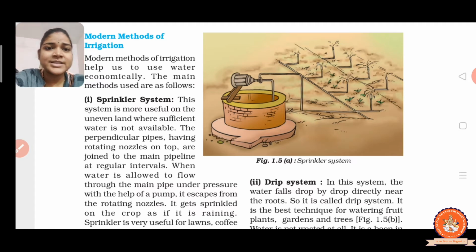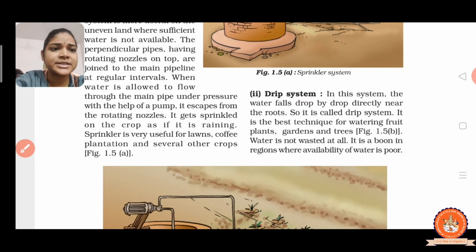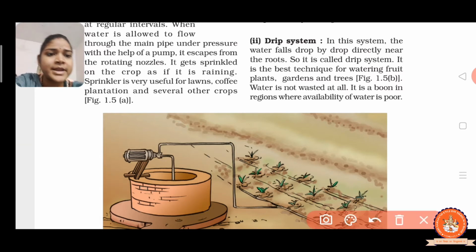Now the next is the drip irrigation system. In the drip irrigation system, as you can see in the figure, the water falls drop by drop directly to the root. Here the pump is there, the main pipe is there, and here is the water source. From the water source the water comes out, and drops directly near the root.